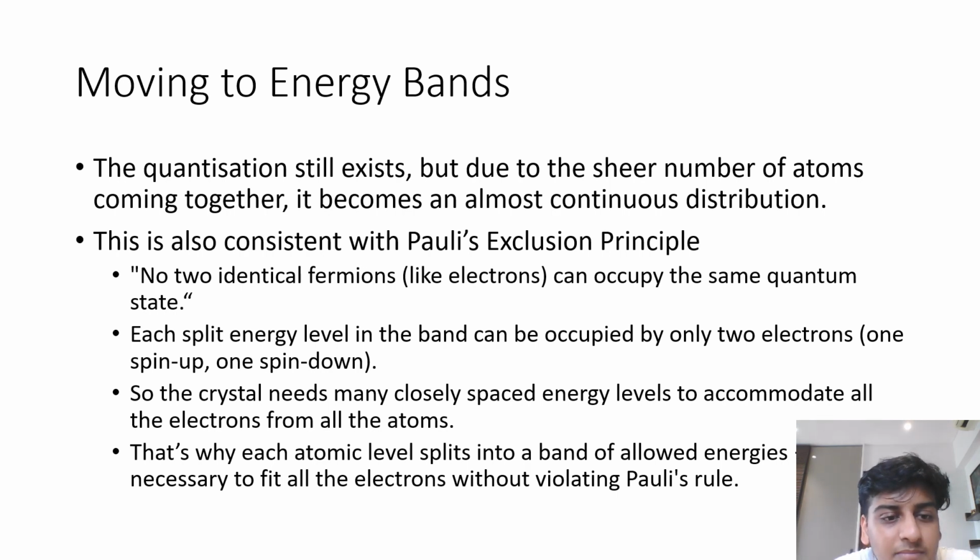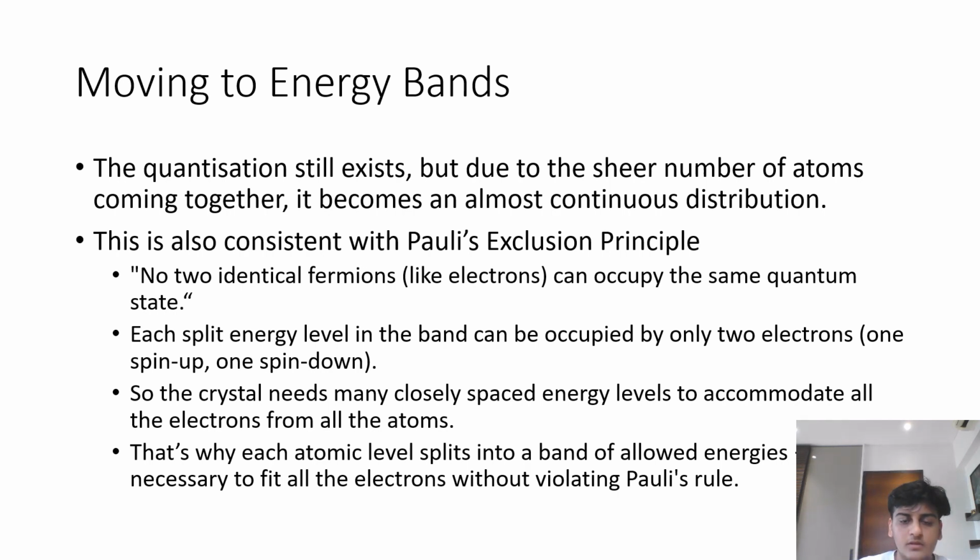Pauli's exclusion principle tells you that no two identical fermions, fermions being a more general word for things like electrons, can occupy the same quantum state. This is why in JEE chemistry or 12th standard chemistry, when you're filling the atomic orbitals, you fill only two electrons per orbital, one spin up and one spin down, and no other electron can occupy this quantum state, right?